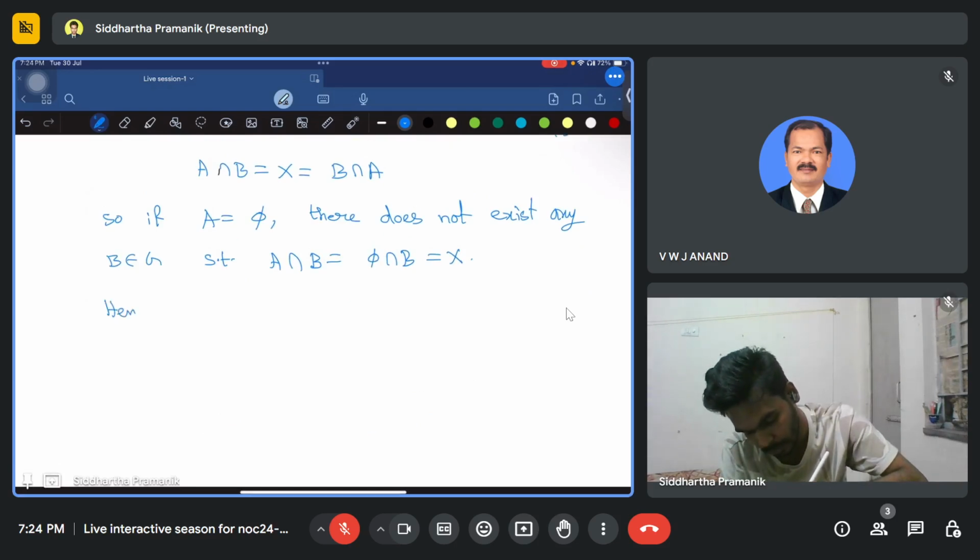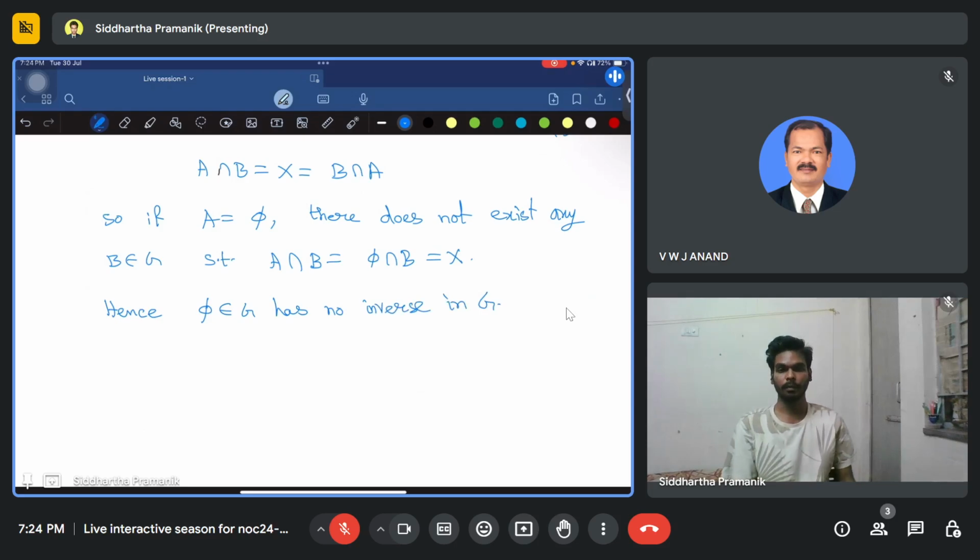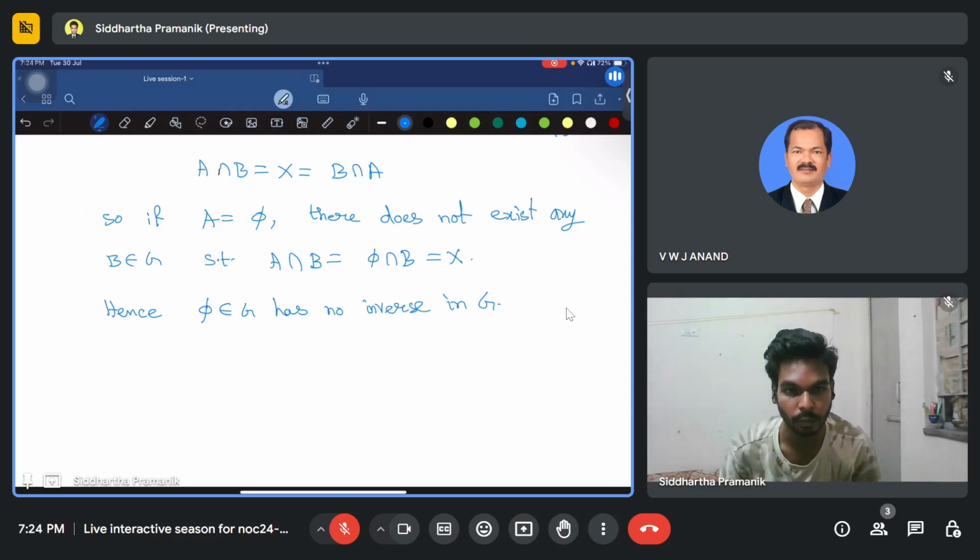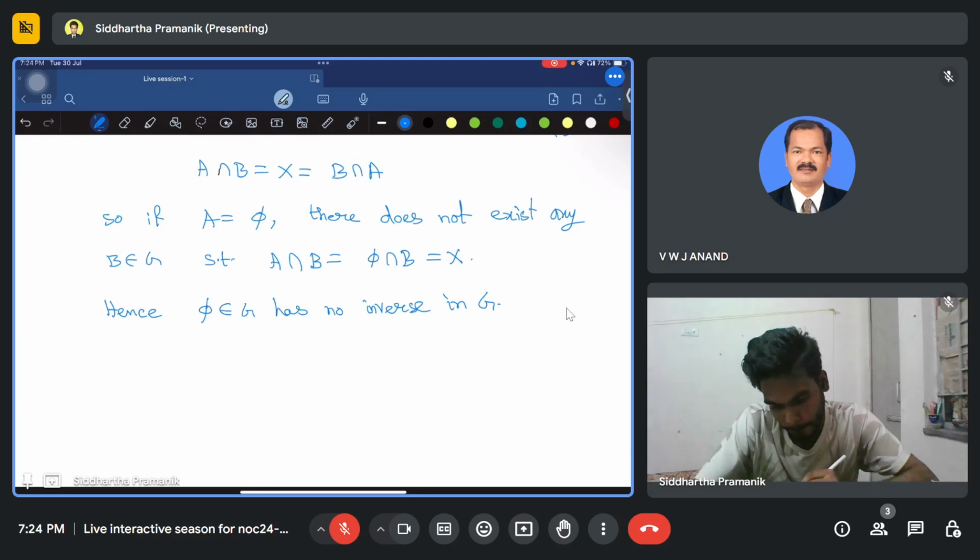Hence phi belongs to G has no inverse in G. So the third property breaks down. So G cannot form a group.